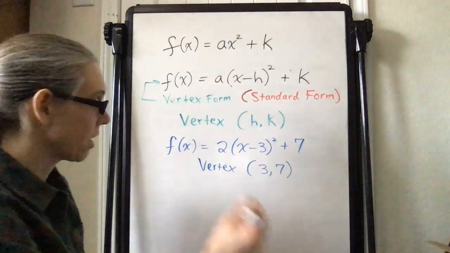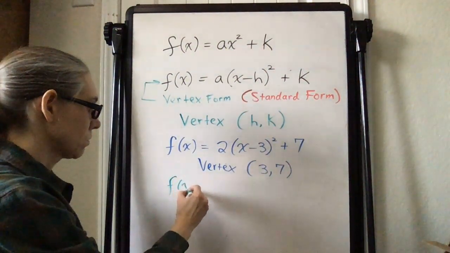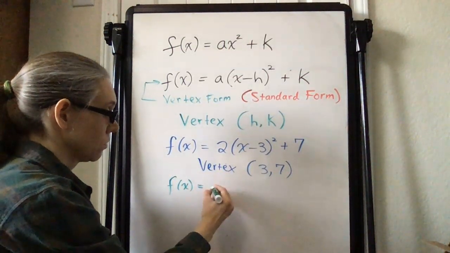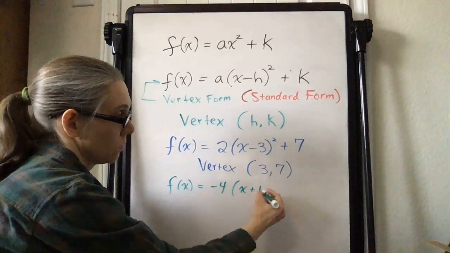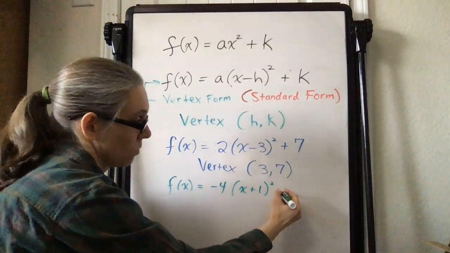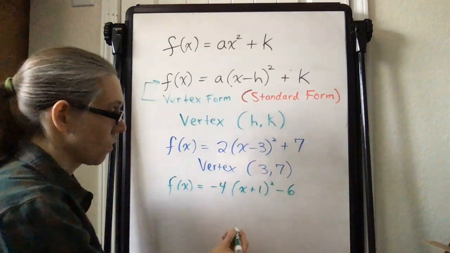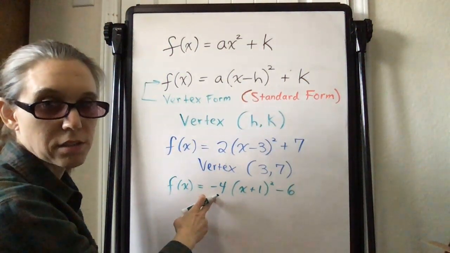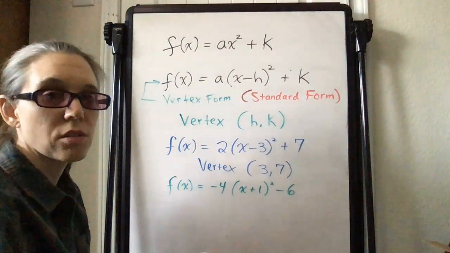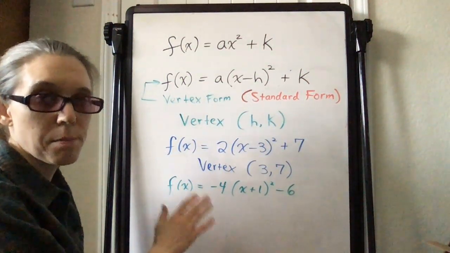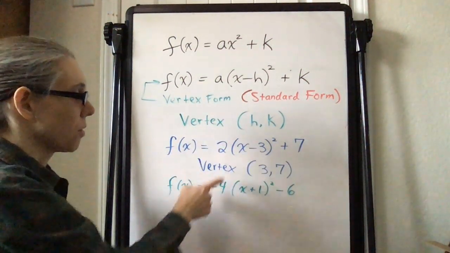Compare that to this other example. The fact that this is a negative 4 has no impact. Maybe I should just keep it as a positive 2. So the horizontal and vertical shifts are not impacted by this number outside.